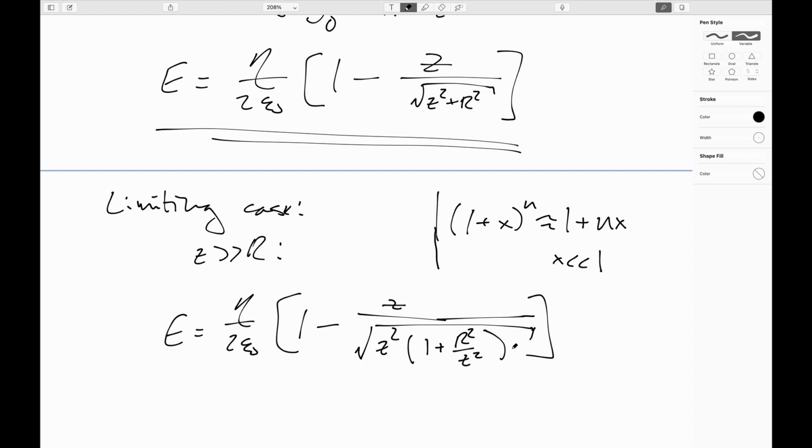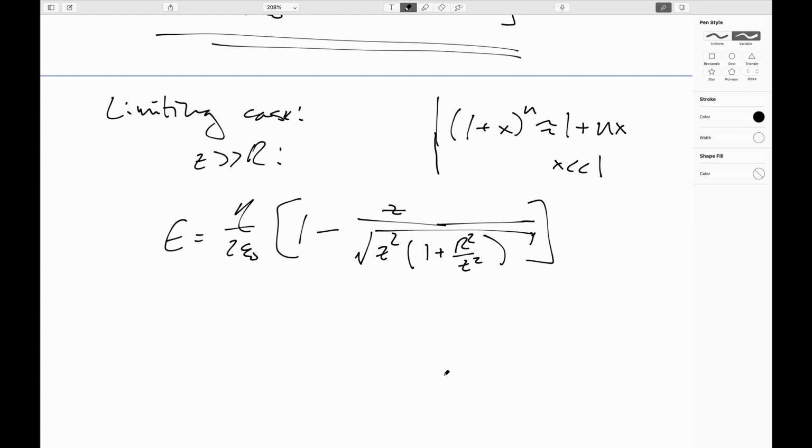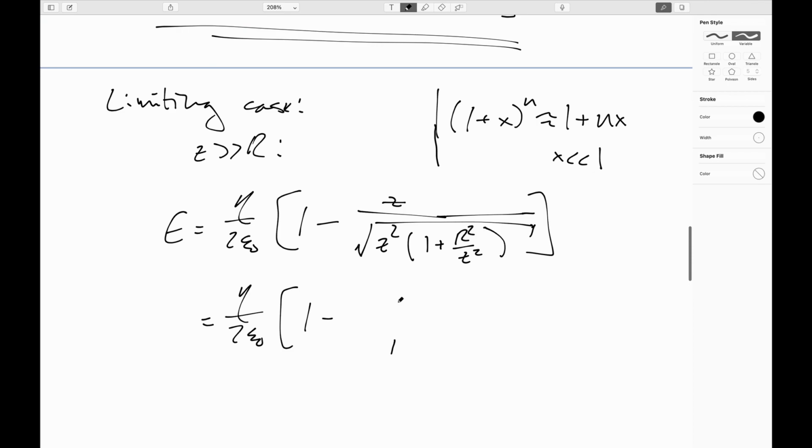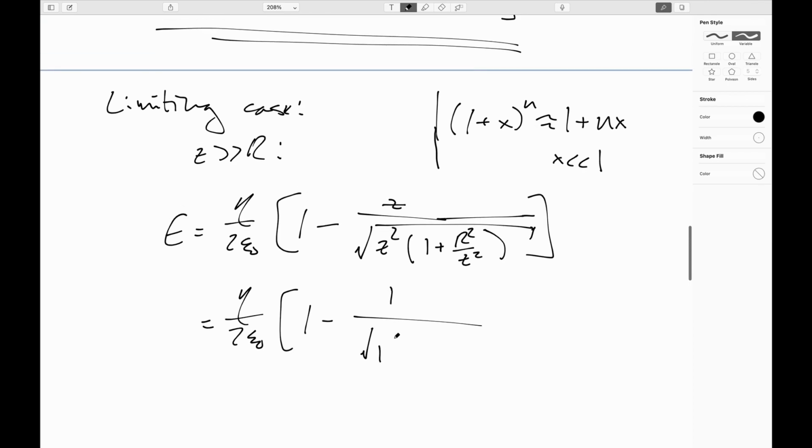We can pull z squared outside of the root to give me a z, which cancels that z there. So I'm now left with eta over 2 epsilon naught times 1 minus 1 over the square root of 1 plus r squared over z squared.